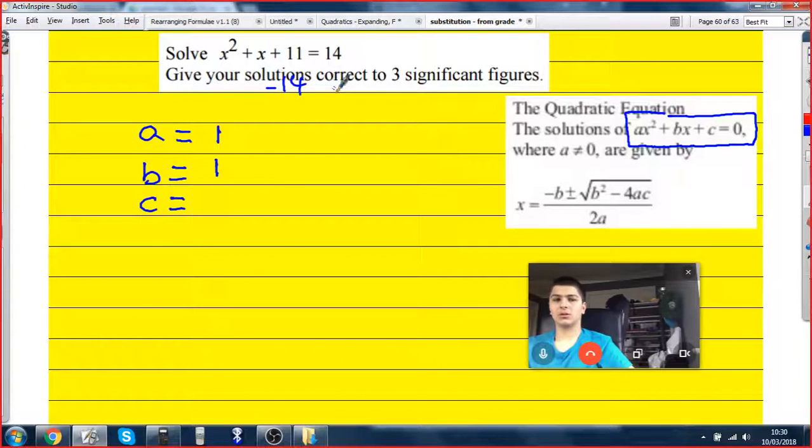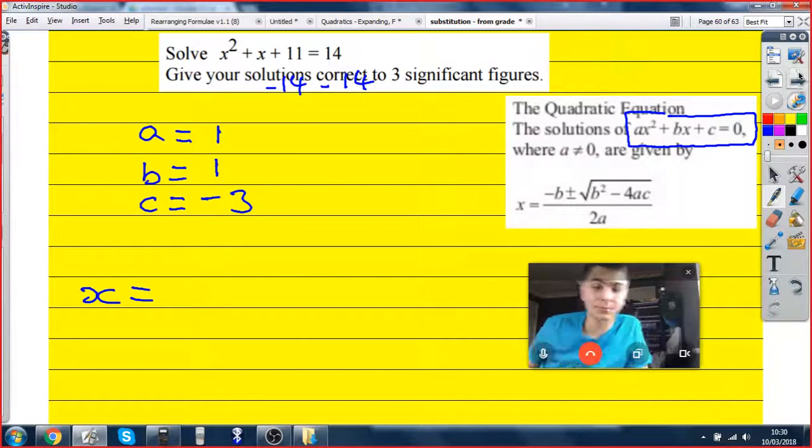That's right. So would C be equal to minus 3? Correct. And then it would just be exactly the same as anything else. So after that, you would just put it into your formula as normal. You just have to make sure that you make it equal to 0 in order to solve the quadratic. And you have to do the same if you're factorizing it and other times as well.